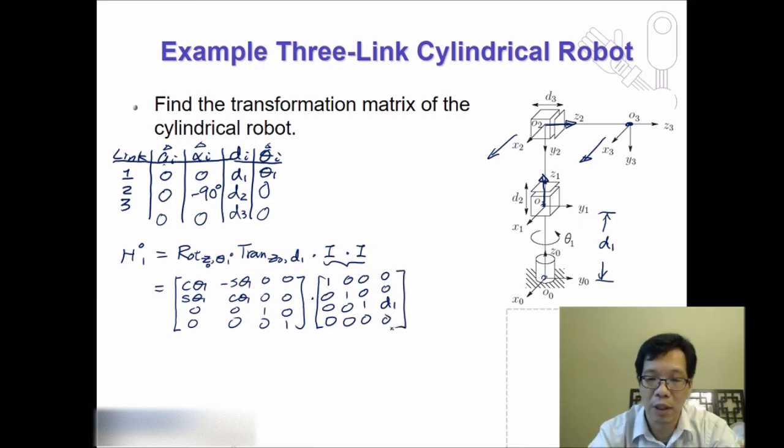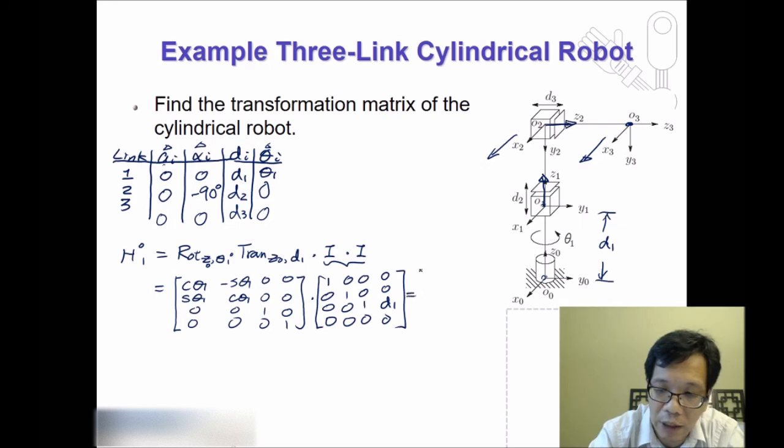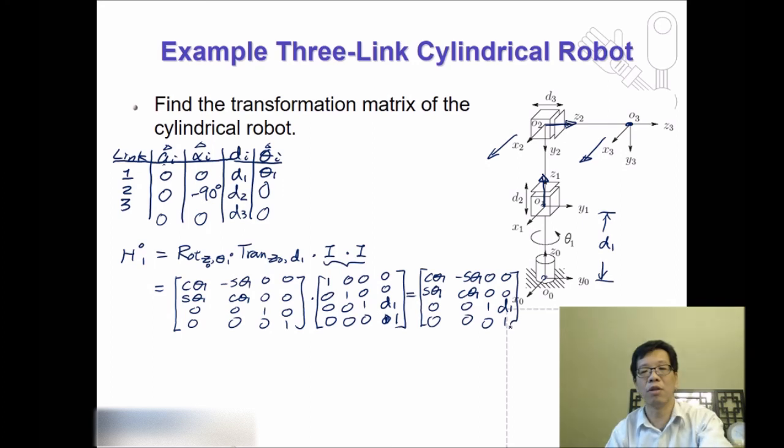Pretty straightforward. Then if we do everything, you're going to find this is going to be cosine theta 1, sine theta 1, negative sine theta 1, cosine theta 1, 0, 0, 0, 0, 0, 0, 1, 0, and this is going to be 0, 0, d1 and 1. I'm sorry, this one should be 1. So this is going to be my transformation matrix from 0 to 1.